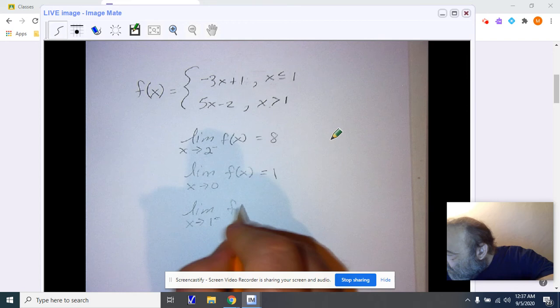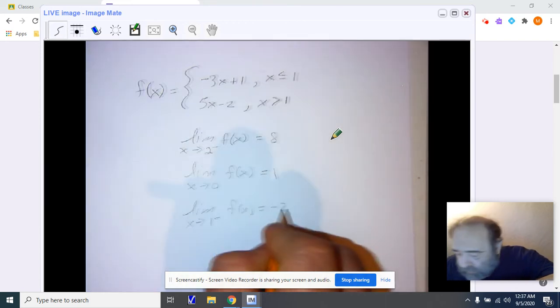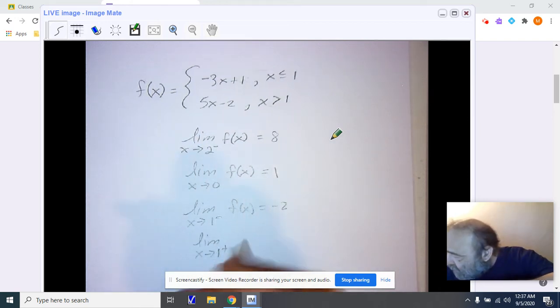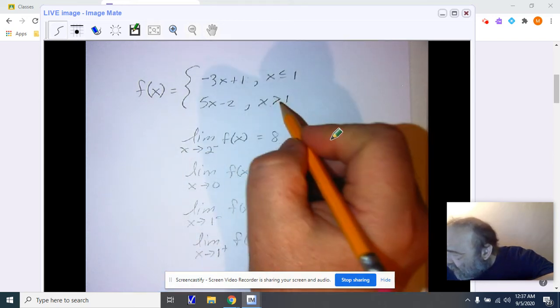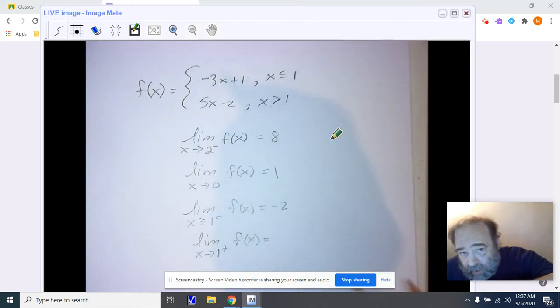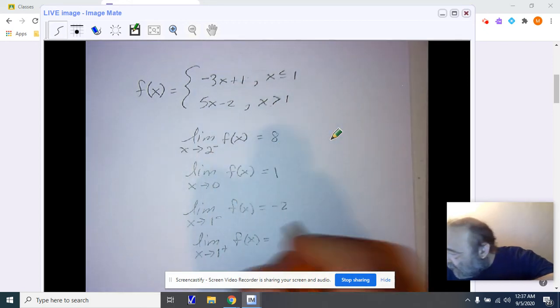What I end up with when I plug in that is negative 2. And if I take a look at the limit as x approaches 1 from the right, I now am looking at values larger than 1, and therefore I'm using the second equation. And when I plug that in, I get 3.